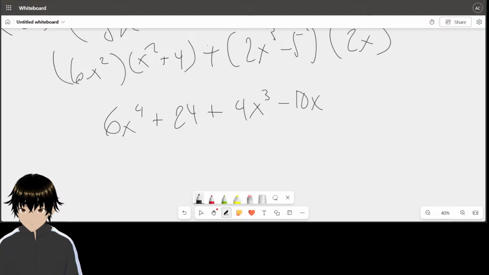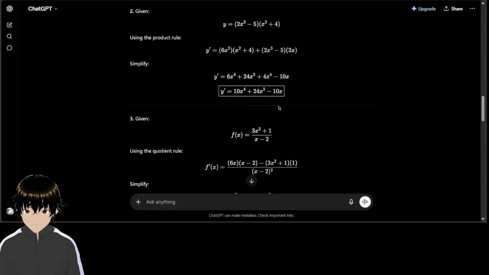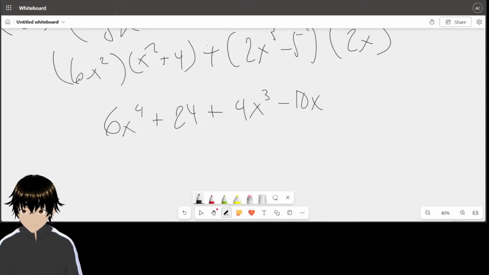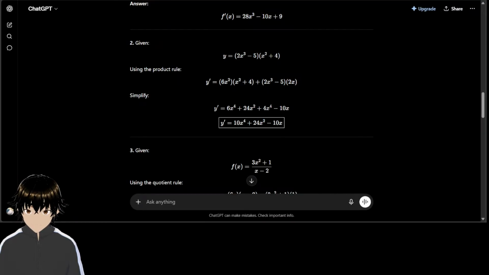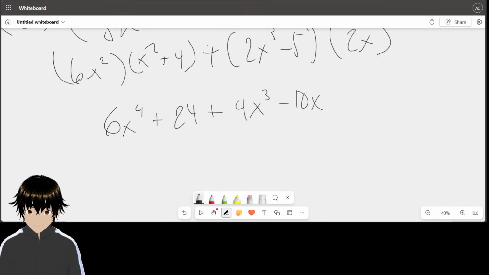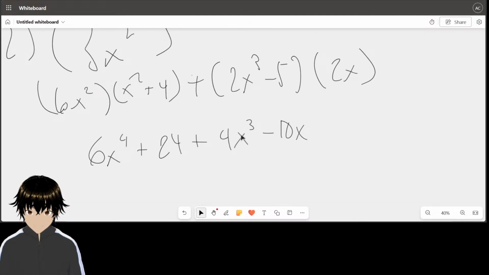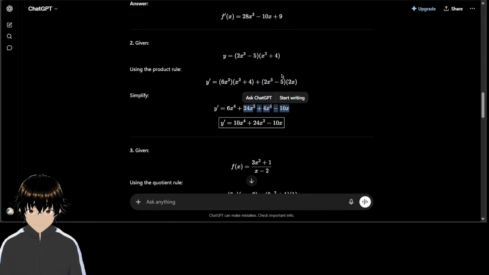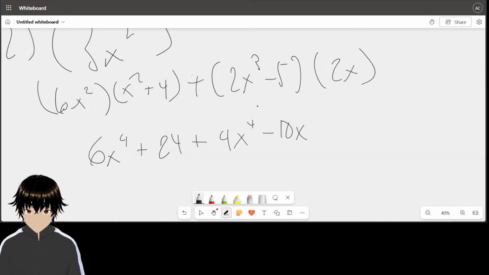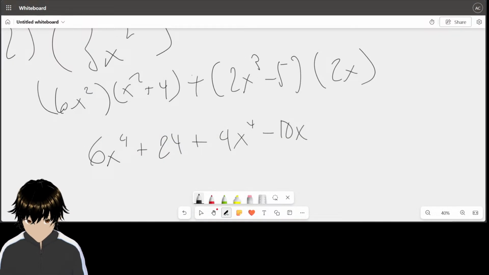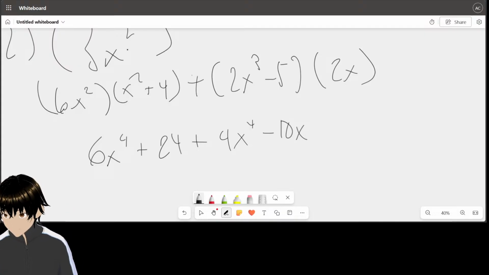So is this the answer? Hold the hell on. I was wrong. You actually have to add the exponents right here. What? How'd you get that? Oh yeah, I forgot.